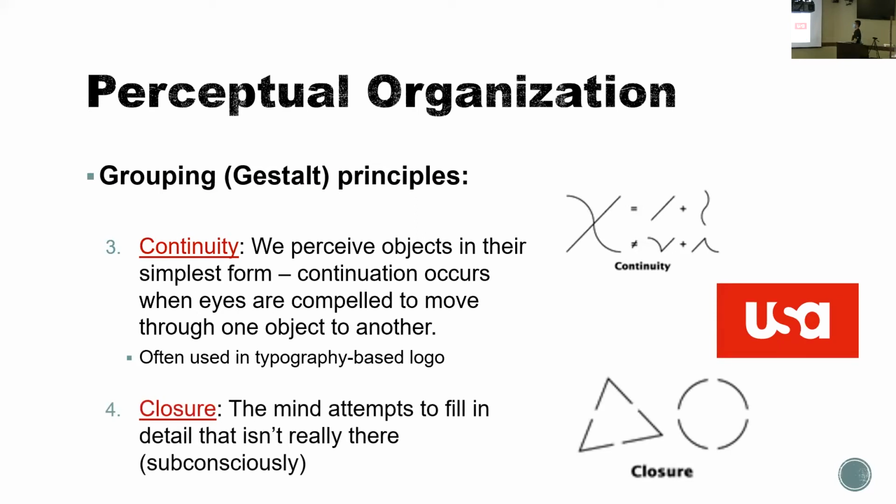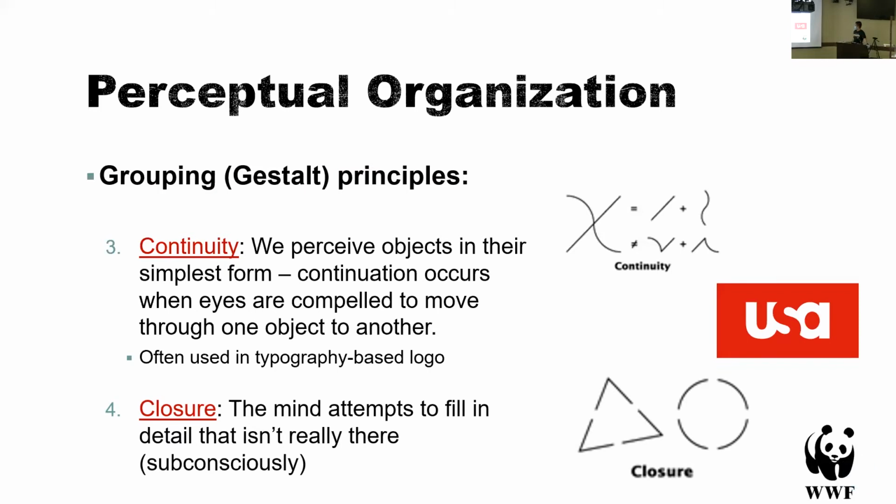And next we have closure. This is when the mind attempts to fill in details that aren't really there, subconsciously. So we don't realize that we're doing it, but we are. Because you see a shape of a triangle here, right? And a circle, even though there's a gap between them.